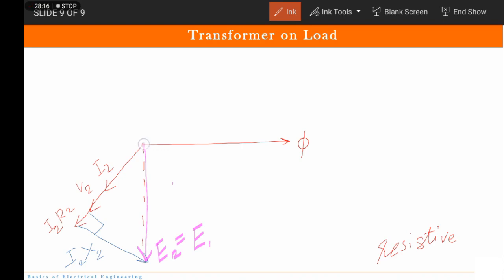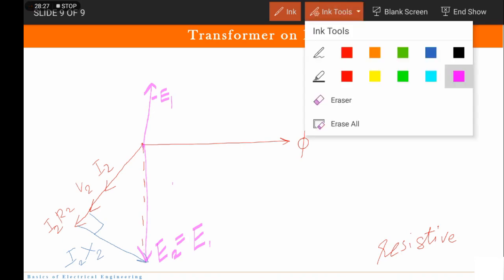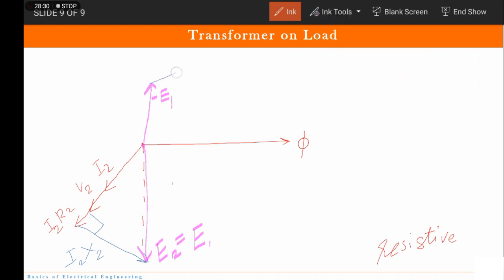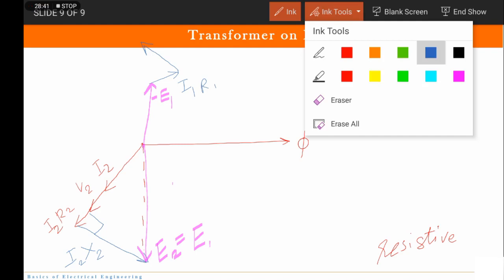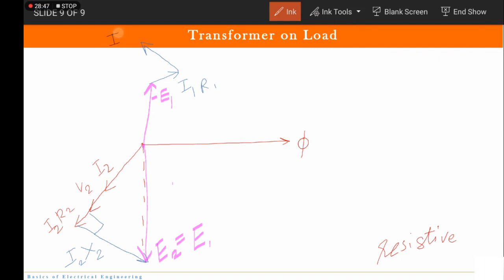Now, opposite to this we have minus E1. To this we will add I1R1, and to that we will add I1X1, and the resultant of this will be V1.